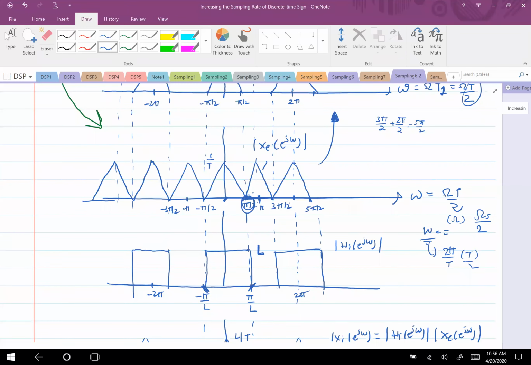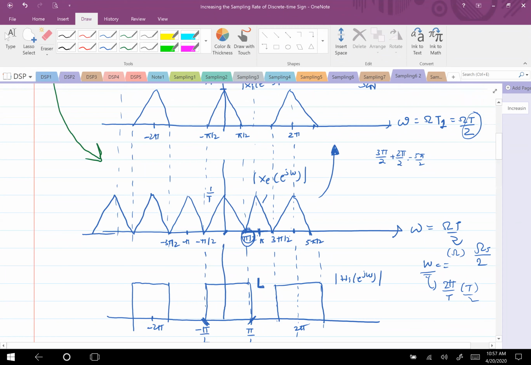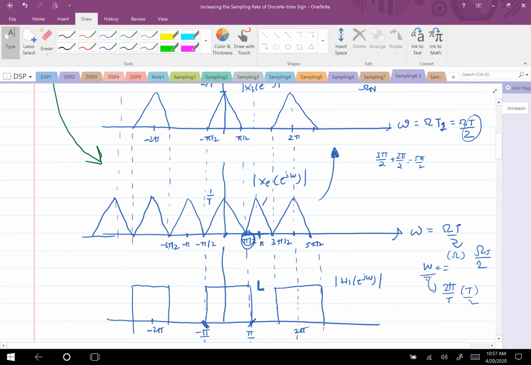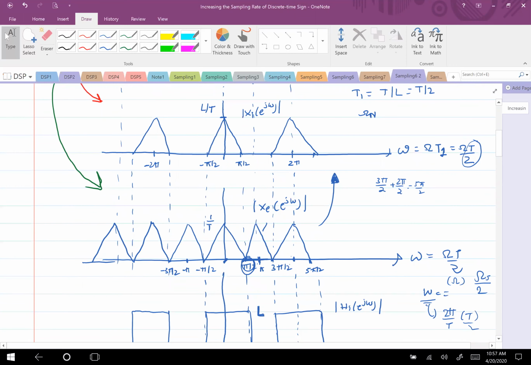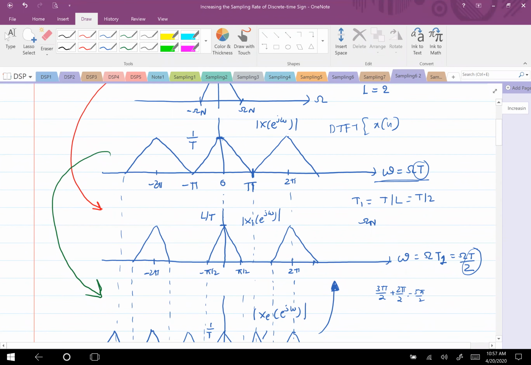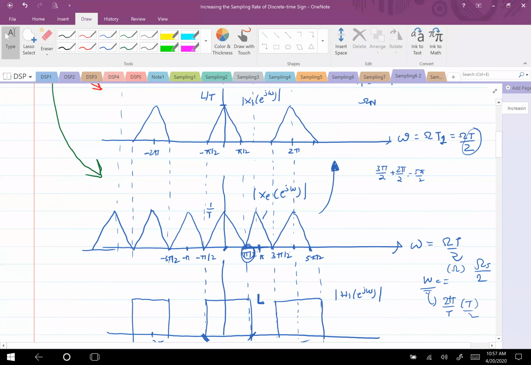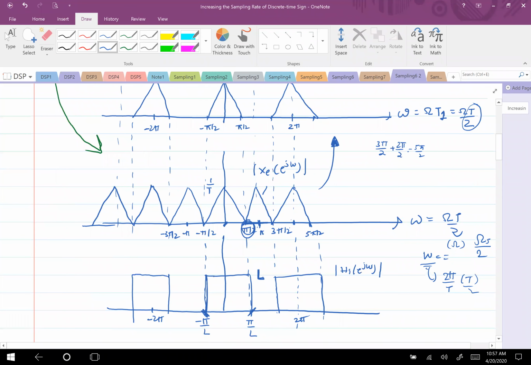But upsampling is decreasing the T value, right? You are taking more samples of it. That means more copies would be coming there, right? So that's why you have more copies there, right?